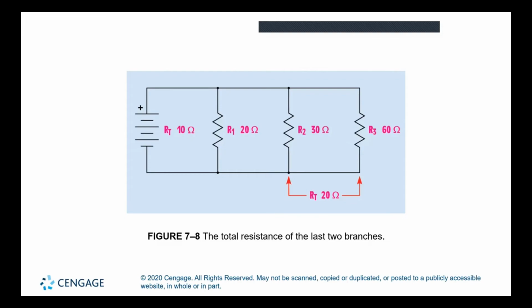If I take R2 and R3, I'm going to get 20 for that equivalent resistance. And now I have R1, which is connected in parallel, of course, with the equivalent, which is equal to 20. Now I know those 2 values only. By all means, that's going to be 20 because both of them are equal. It's going to be 20 divided by 2, and that's going to give us the 10 ohms that we have in there.